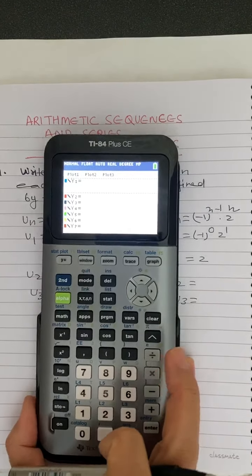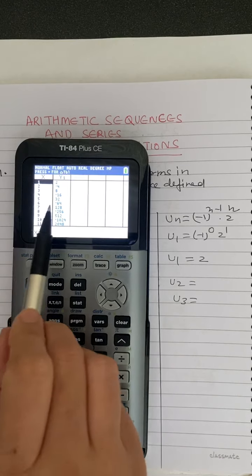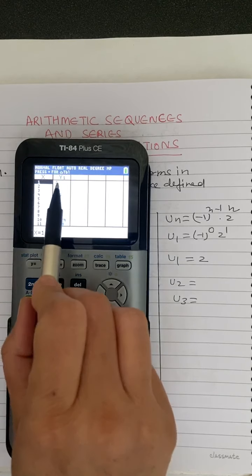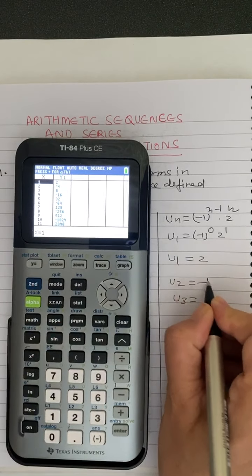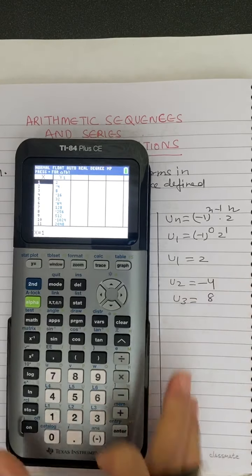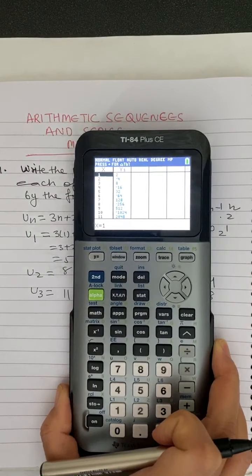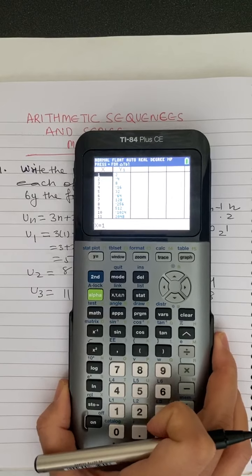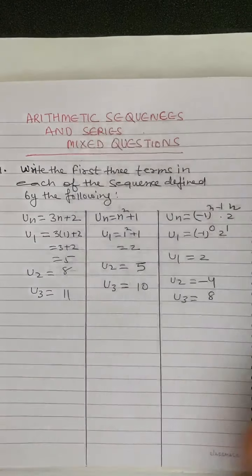For negative numbers, you need to use this key. So negative 1 to the power of x minus 1, and then 2 to the power of x. And then again, you go to second graph and it gives you the term values. So here the first is 2, the second one will be negative 4 and then 8. So this is how you can also use a calculator to find the terms if the rule is given.